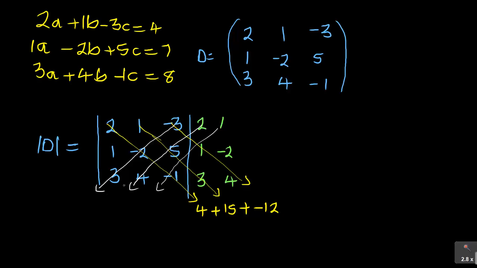So what you have is minus 3 times minus 2 is positive 6 in this case, and then 6 times 3, which is 18, and then 2 times 5 is 10, 10 times 4 is plus 40, and then 1 times 1 is 1, times minus 1 is minus 1.